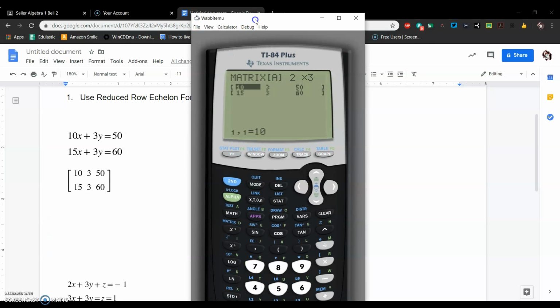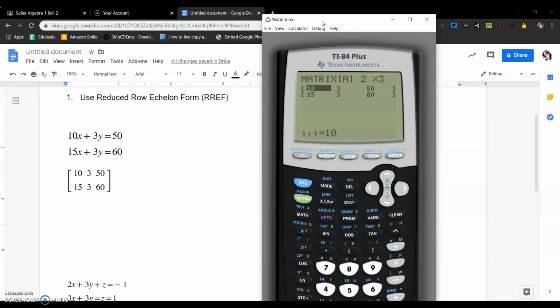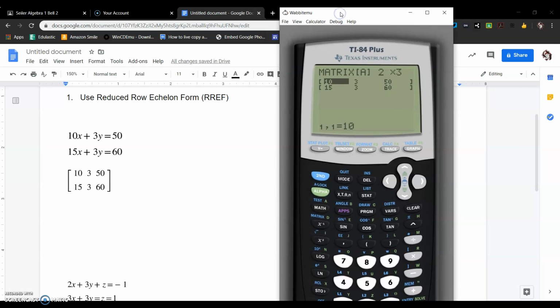And you can see that I already have all my values in there: 10, 3, 50, 15, 3, and 60. Okay. So once you have all those typed in, always get back to that home screen.